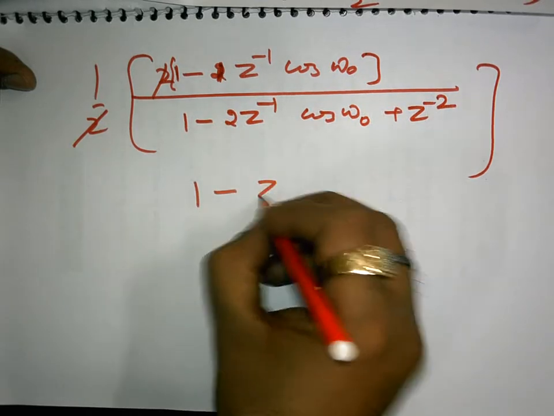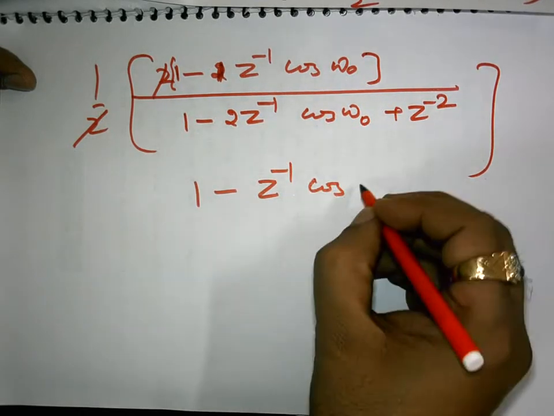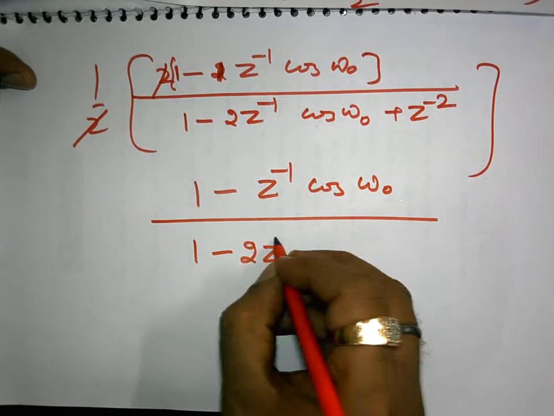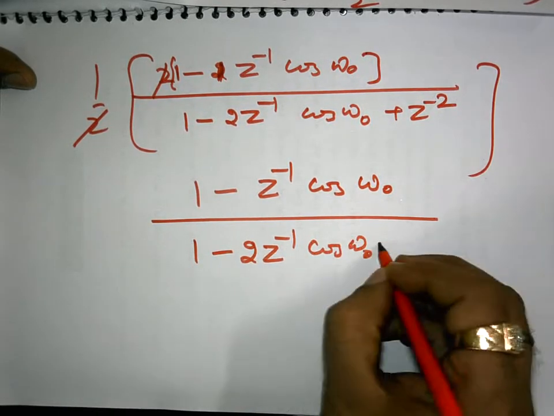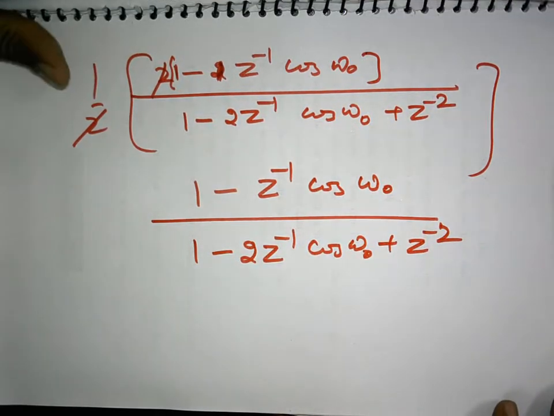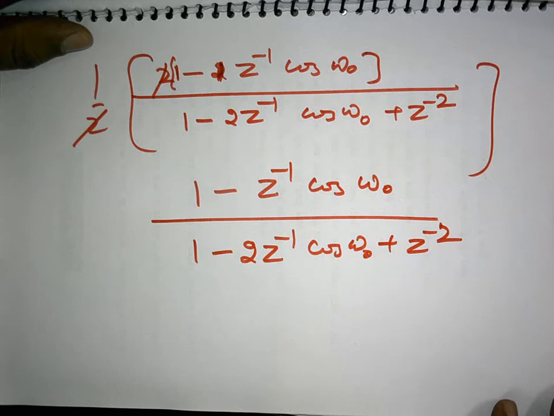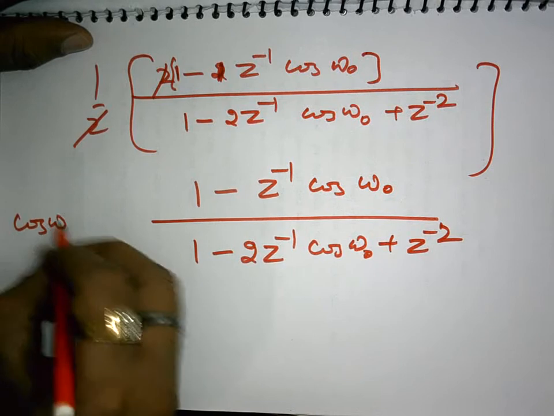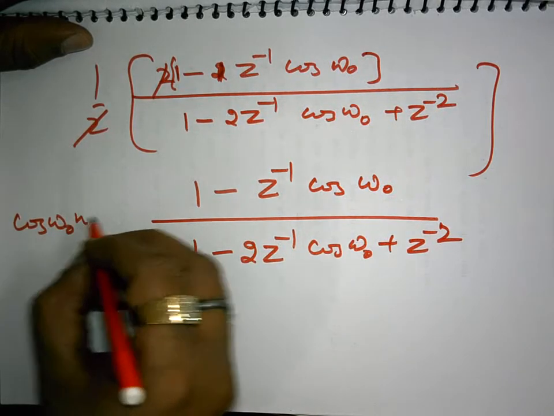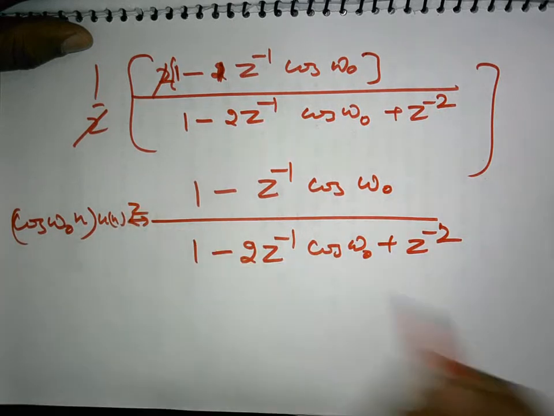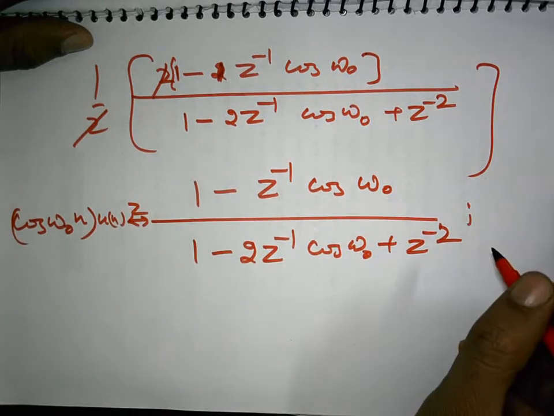So the final expression is 1 minus z inverse cos omega 0 over 1 minus 2 z inverse cos omega 0 plus z to the power minus 2. This is the closed form expression for the Z transform of cos(omega 0 n) u[n]. This is the Z transform of this. And what would be the ROC?